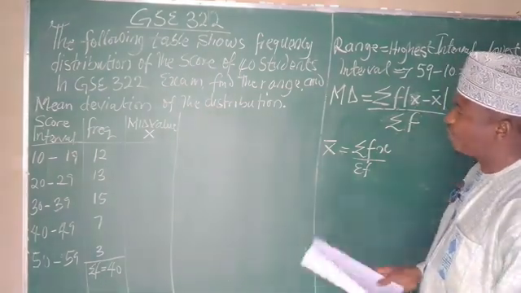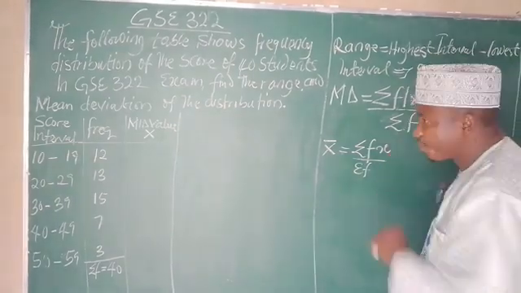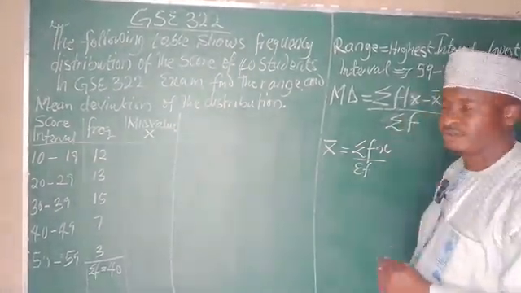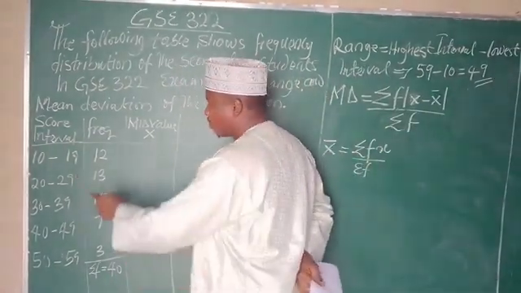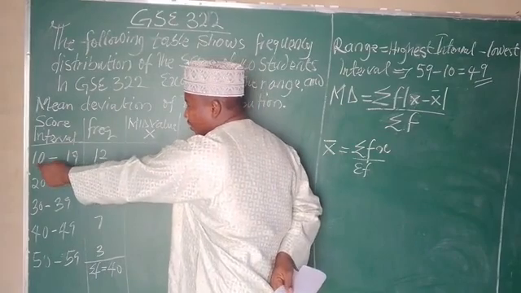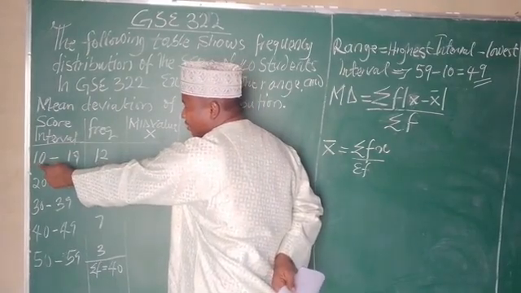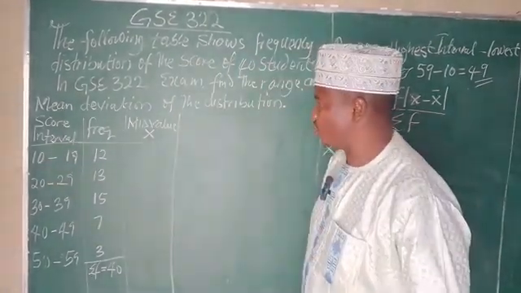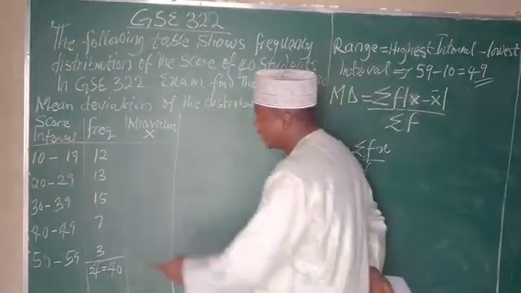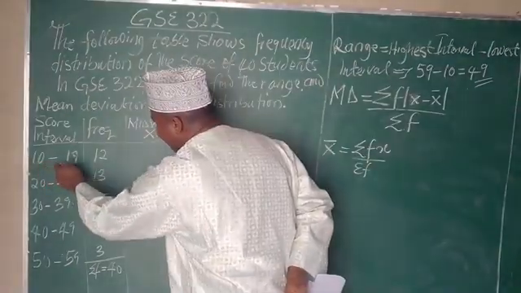What is mid value? How do we find the mid value? Now, pay attention. We find the mid value by adding the lower limit and the upper limit of the interval, divided by 2. For example, here we have 10, 19.